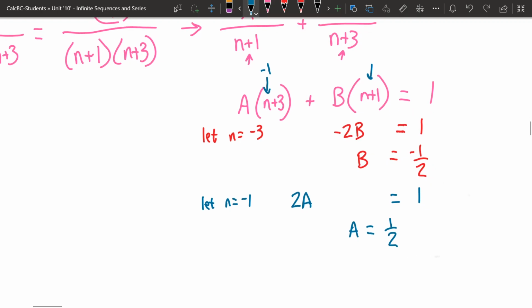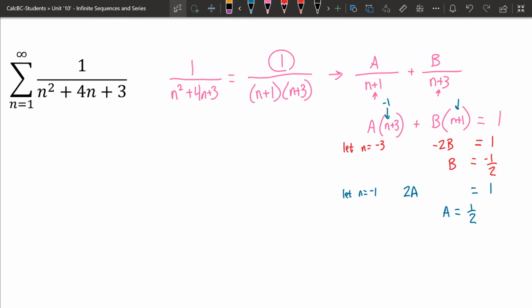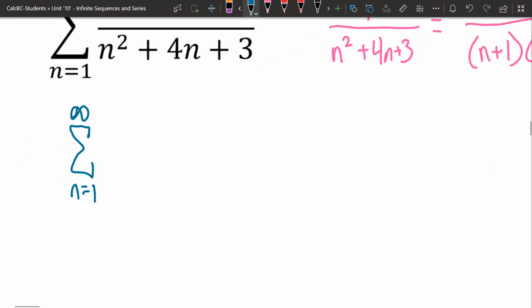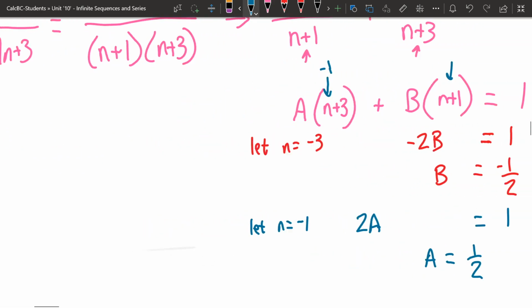So we can rewrite our sigma as the sum of two fractions. Okay, we've got our a value, which we found was 1/2.